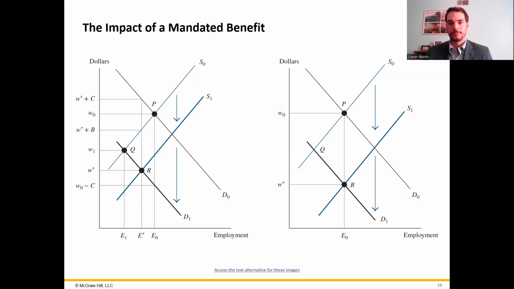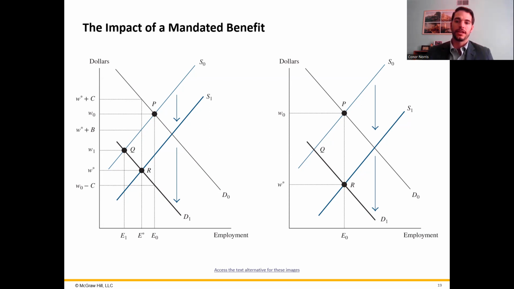The difference between the demand curves is the cost of the coffee, so in this case, it's C. The wage that the firm pays will fall to W1 and the level of employment will fall to E1. Firms will want fewer workers because fewer are able to satisfy the wage equaling the marginal value of production condition at the new higher level of the wage plus the cost of the coffee.